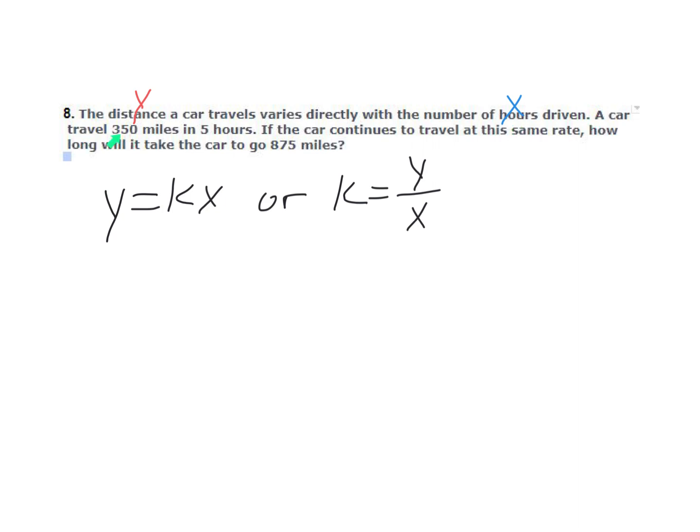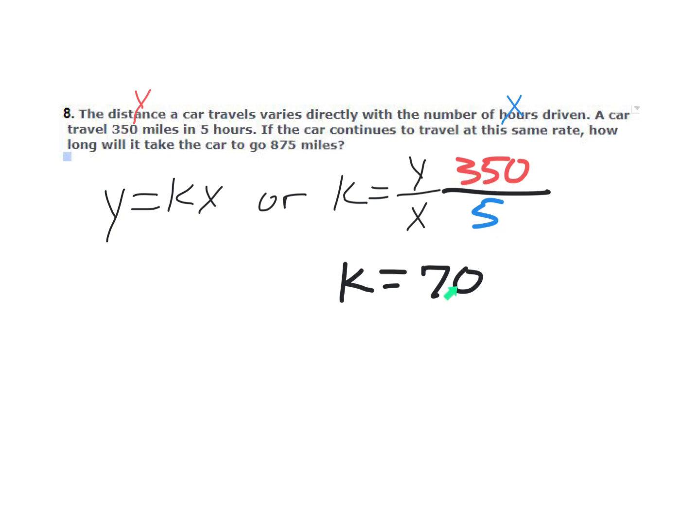This says that a car went 350 miles in 5 hours, so we have 350 divided by 5. When you work this out, you realize that k, the constant of variation in this example, is 70. A car would be going 70 miles an hour. For 5 hours, it would go 350 miles.